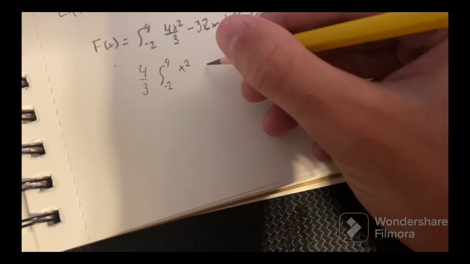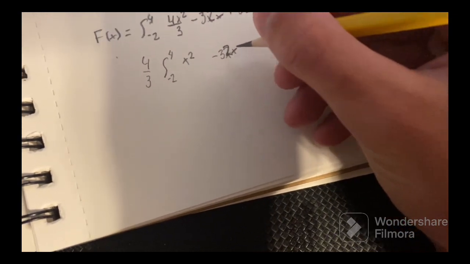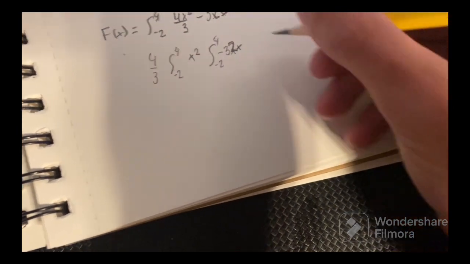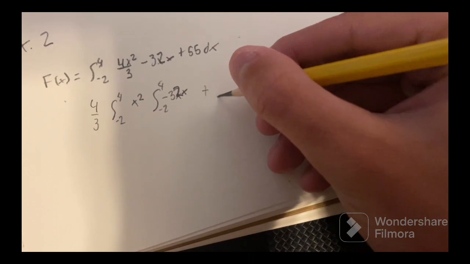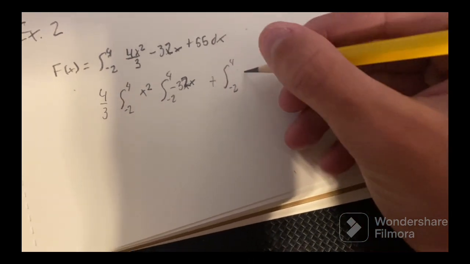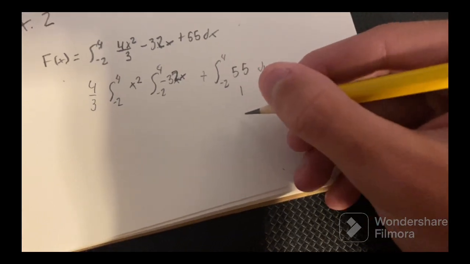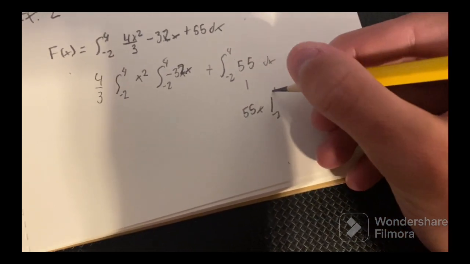Then we're going to do -32x, -2 to 4. Then we're going to do plus that. We're going to do -2 to 4 again, but with 55. So we'll go ahead, we'll work backwards. We'll do 55x here. That's from -2 to 4.